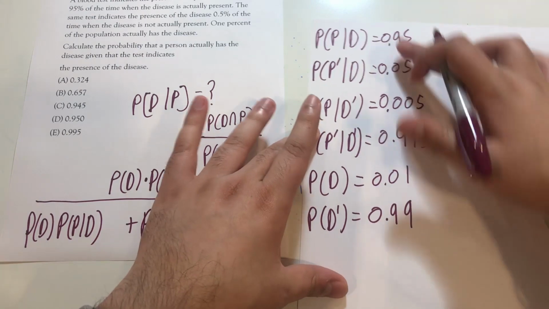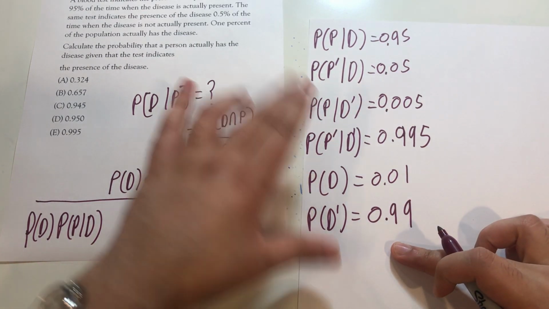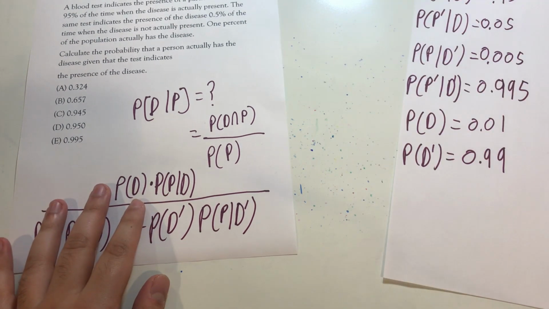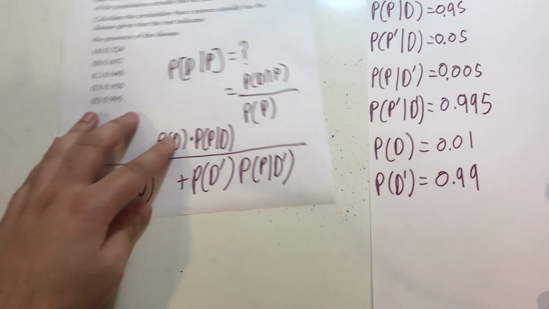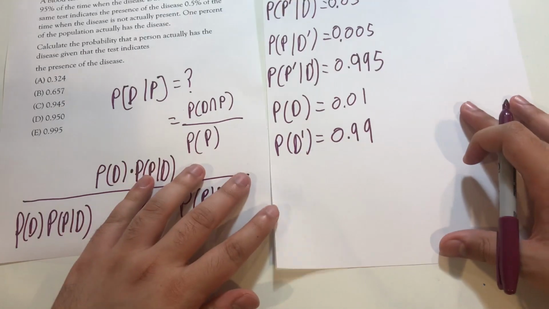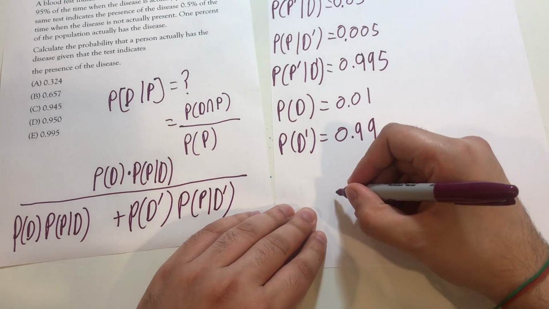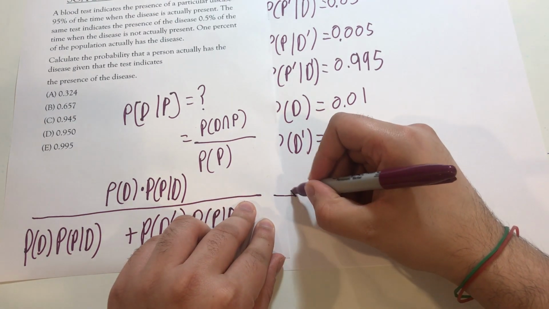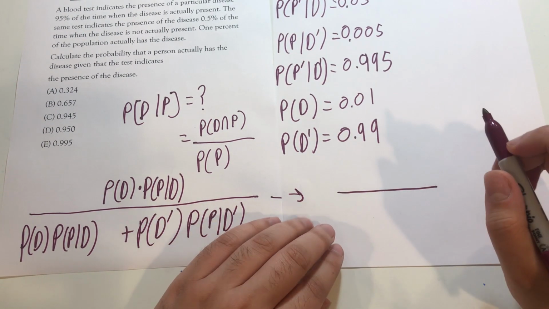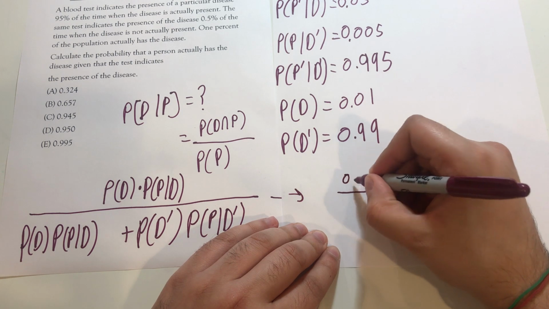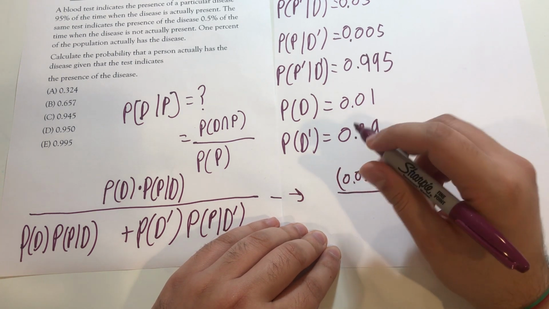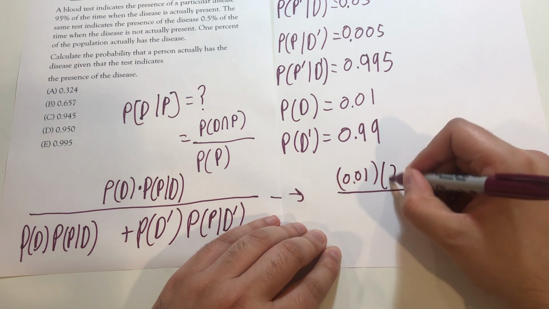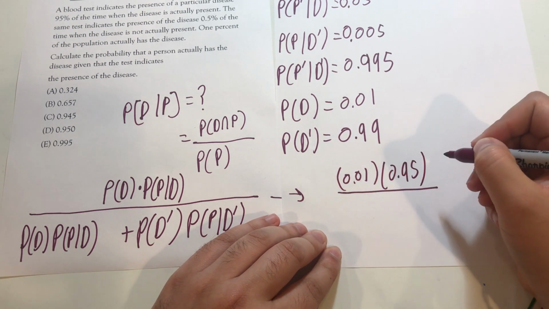We can then use the information from the actual problem to fill in what we know. So I'm going to write this to the side. In our numerator, we should have the probability of having the disease, so that's 0.01, multiplied by the probability of testing positive given that you have the disease. So that's 0.95.